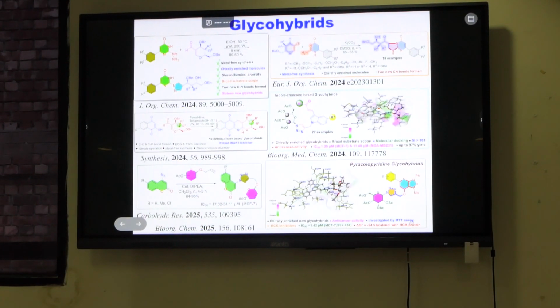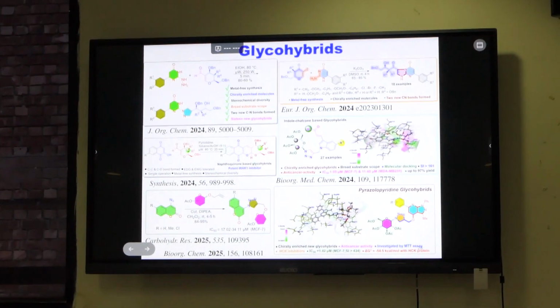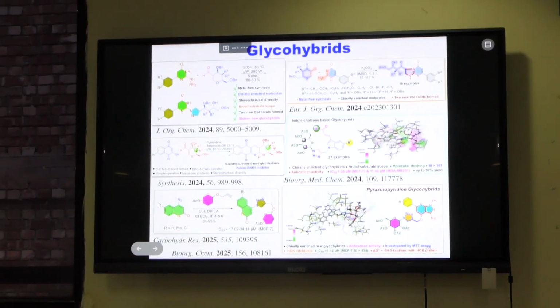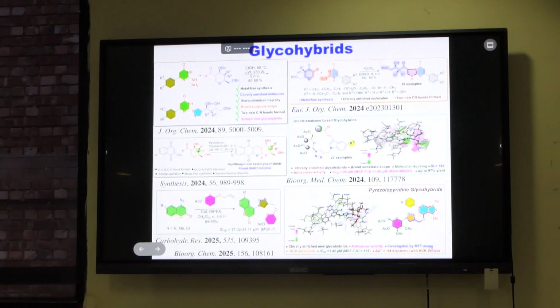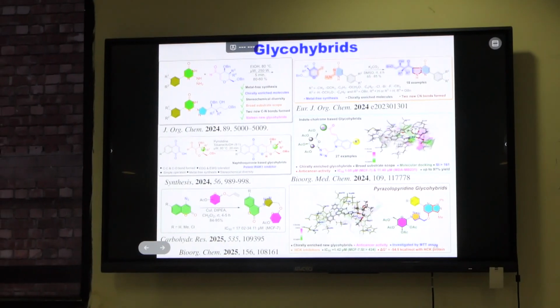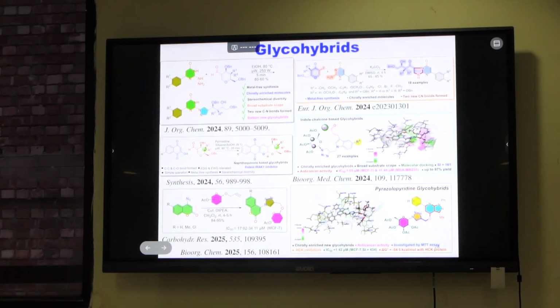And then one point I also emphasized during my presentation, that once you got the molecule as a hit molecule, then for the lead optimization, your molecule should have some chemical functionalities which can further get modified.